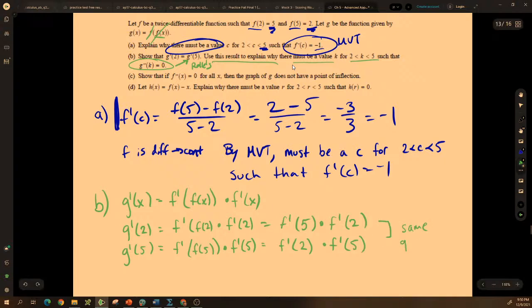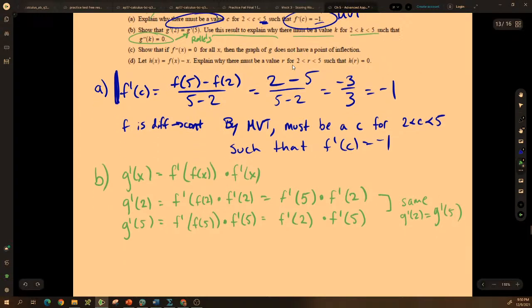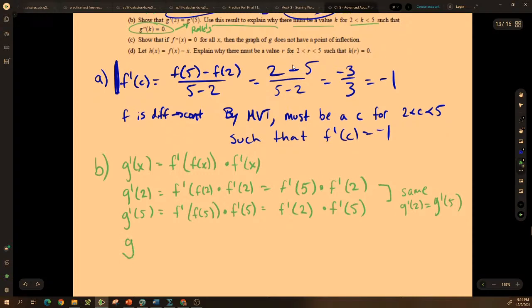So g prime of 2 equals g prime of 5. Because those are equal, and g prime is differentiable, which makes it continuous, right? Why? Because this was twice differentiable.